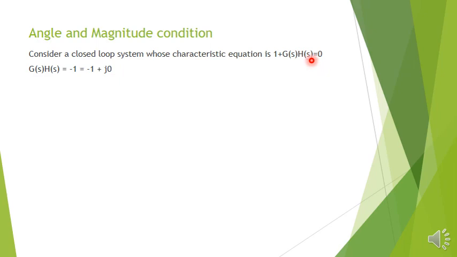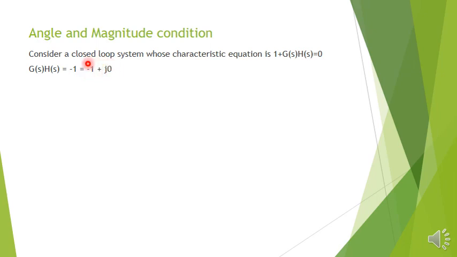So using that concept, I will rewrite this equation as g of s h of s equal to minus 1, taking it to the other side, in complex form minus 1 plus j0. Why in complex form? Because the poles are either real or complex, and a real number can also be expressed as complex by taking the imaginary value as 0.